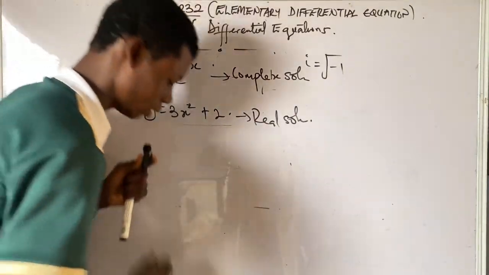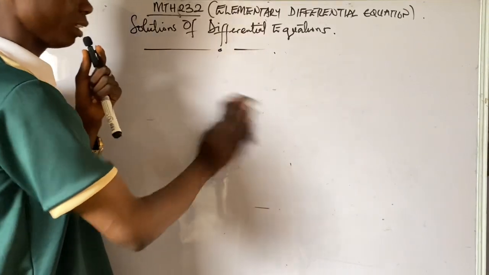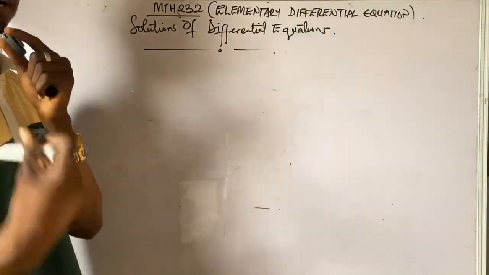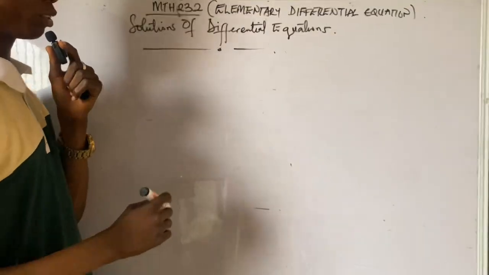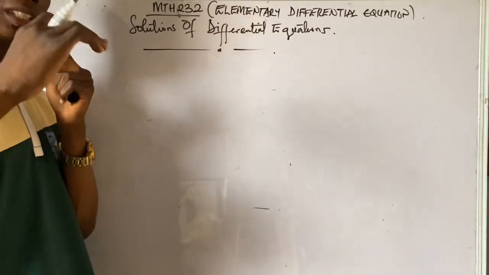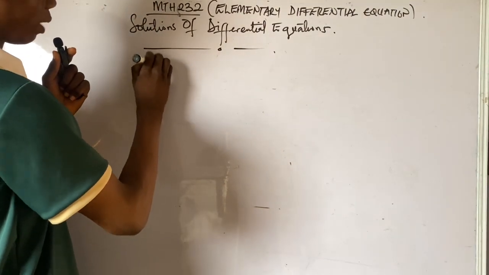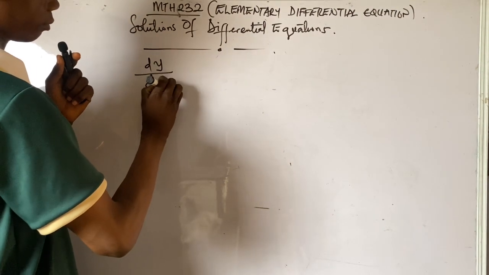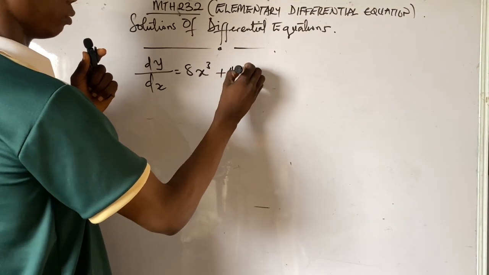Now, according to what we said, we will be checking if a particular solution satisfies a differential equation. A very simple one first. I said the solution of a differential equation is the integral of that equation. So dy/dx is equal to 8x cubed plus 4x.